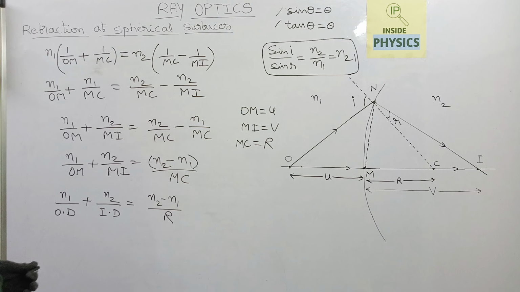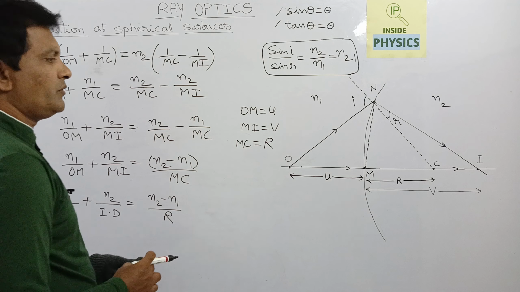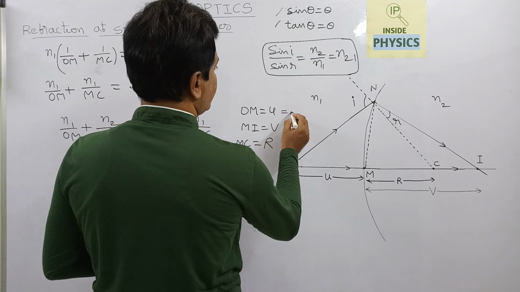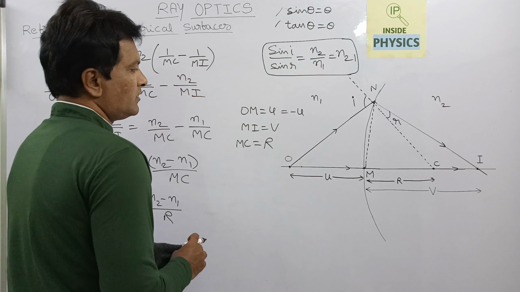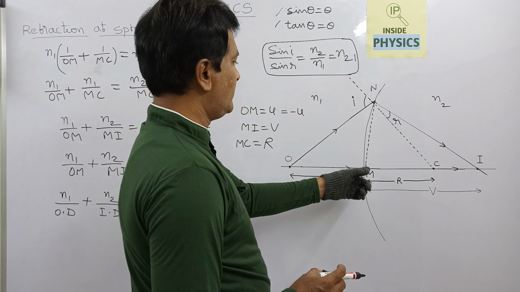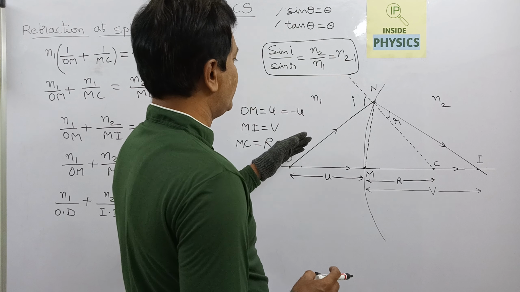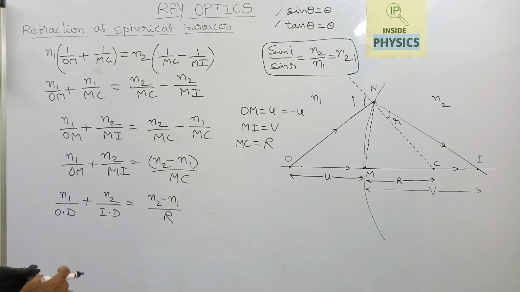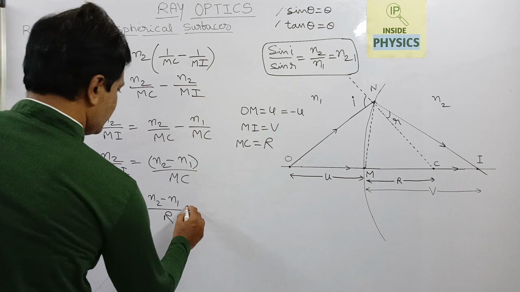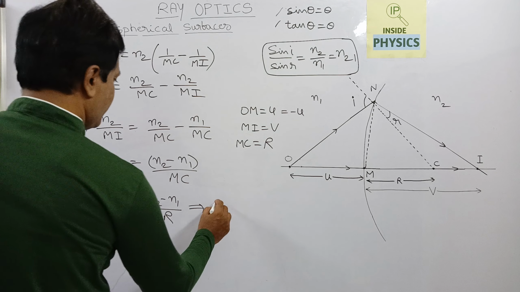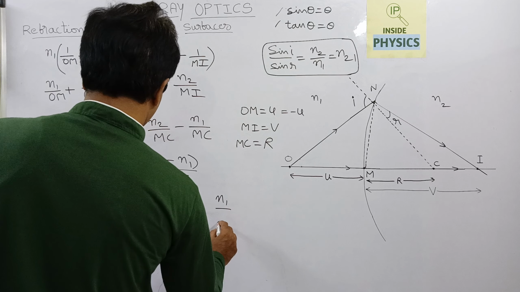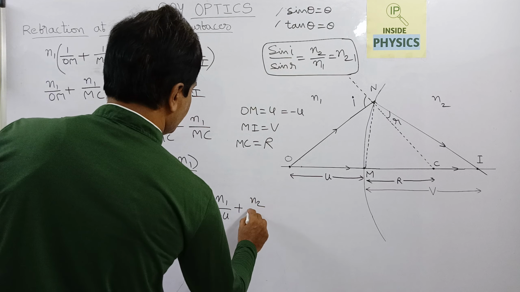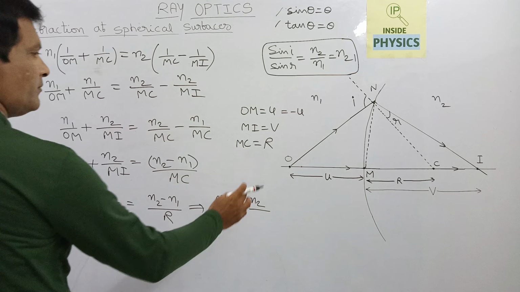So what is object distance here? U. See, with the sign convention we can write object distance as minus U, because the sign convention says the distance is measured from the pole to the object and it is opposite to the direction of incident light ray. So here we can write n1 by minus u plus n2 by v.